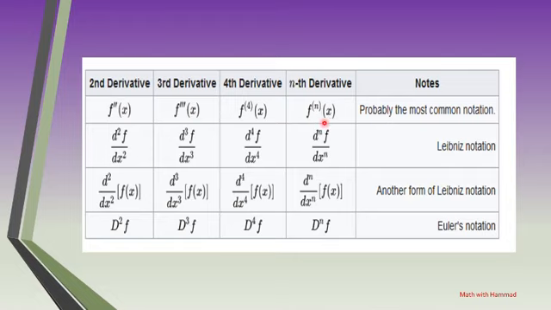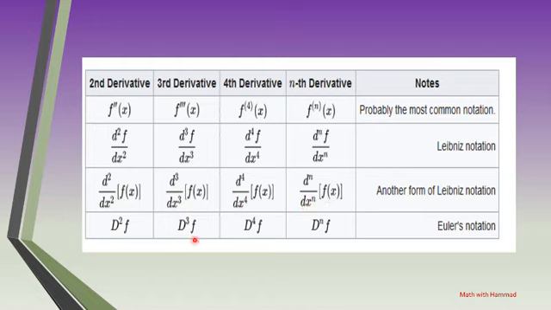Normally we use this type of notation, and Leibniz uses d square f over dx square, d cube f over dx cube, d4 f over dx4, and dn f over dxn. Leibniz uses another notation: d square over dx square of f of x, d cube over dx cube of f of x, d4 over dx4 of f of x, and dn over dxn of f of x.